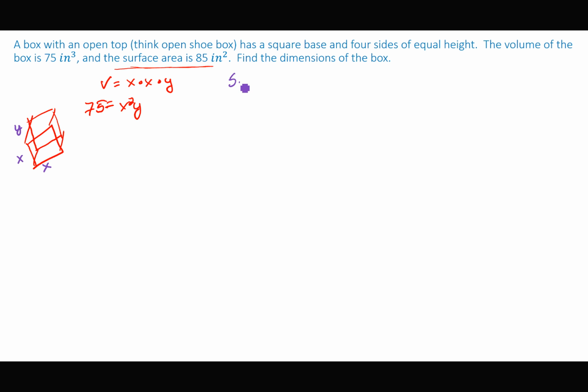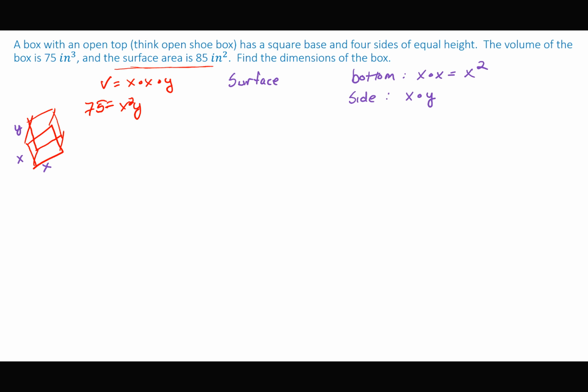And so our surface area is going to be, if we think of just the bottom of our box, that square piece, x times x, which is just x squared. And then x times y is going to represent one of those sides.